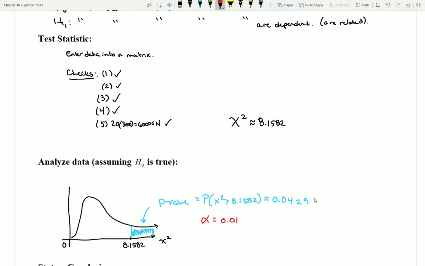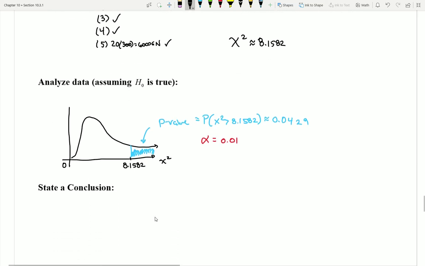Great. My alpha value on this question was given to me as 1%. So my p-value is larger, which means that I did not experience a rare sample. So I am going to reach the conclusion that I should not reject H0. And I'd write my conclusion as follows.